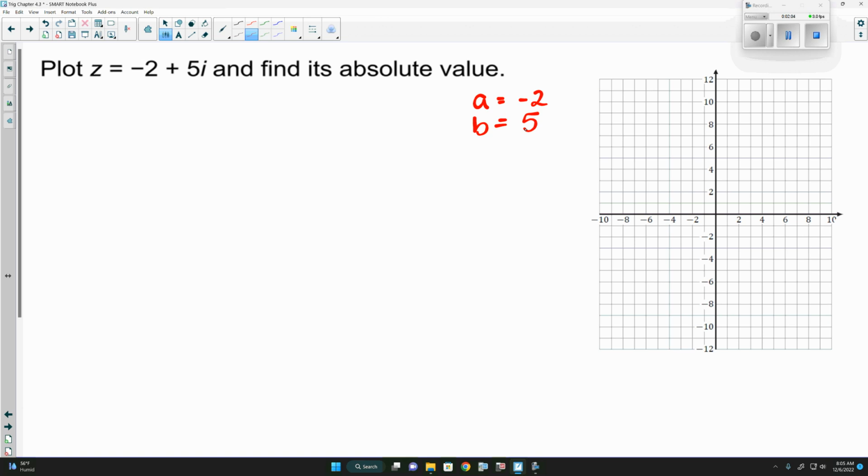So we would go negative 2 on the x, and we have 5 on the y, which this point here, negative 2, 5, would be our complex number. So we use the real and then imaginary. Questions on this here?